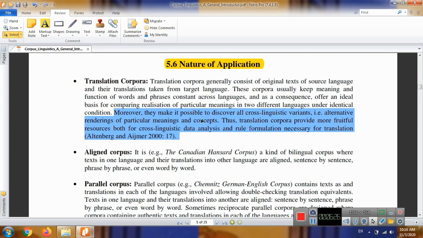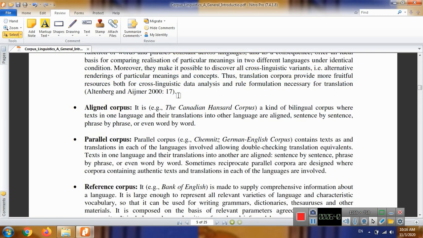It is the feature of translation corpora, and its feature is clear because it contains text of the source language and their translation, as its name denotes. Another type of corpus is aligned corpus, like the Canadian Hansard corpus, which is a kind of bilingual corpus.